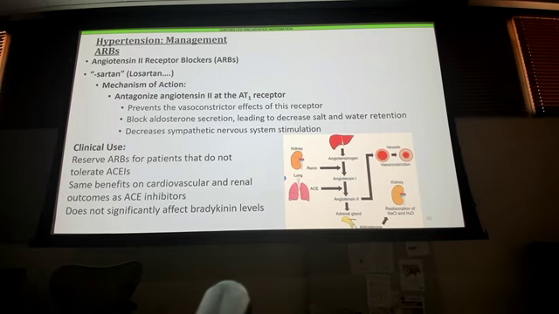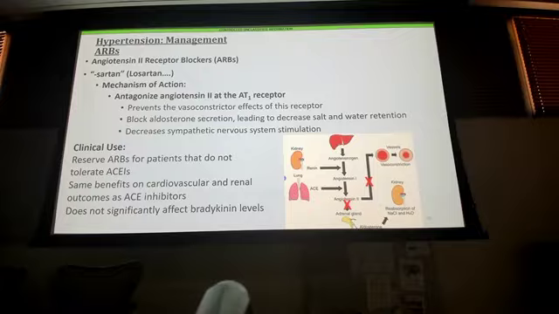ARBs, on the other hand, angiotensin receptor blockers, they block the angiotensin II from binding to the receptors that cause that vasoconstriction, and they block it from binding to the receptors in the adrenal gland, stopping the secretion and production of aldosterone at the adrenal gland level.